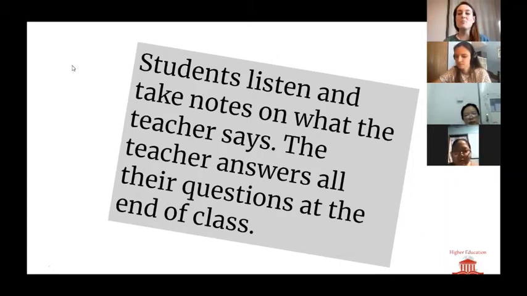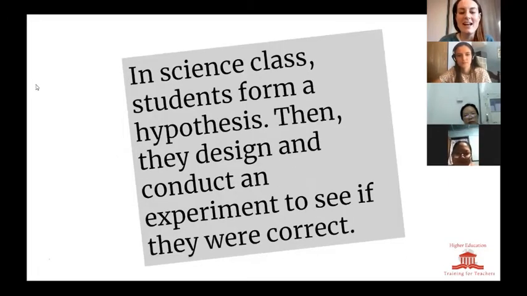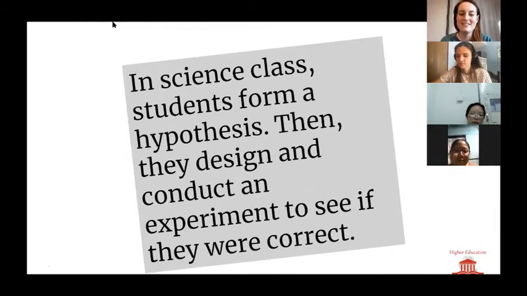Okay, so everyone put no, so teacher-centered, correct. Next one. In science class, students form a hypothesis. Then they design and conduct an experiment to see if they were correct. So yes for student-centered, no for teacher-centered. Okay, yes, good, excellent job.